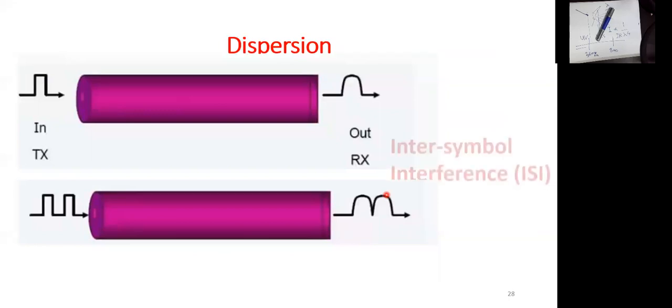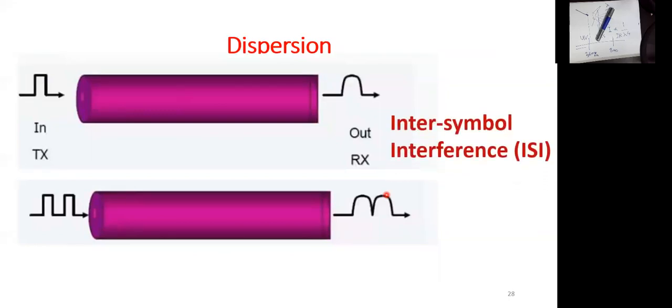This phenomenon is called in communications the intersymbol interference. So intersymbol interference can happen in optical fiber due to the dispersion effect. In order to fix or maybe isolate the signal from this intersymbol interference, we have to reduce our bit rate.